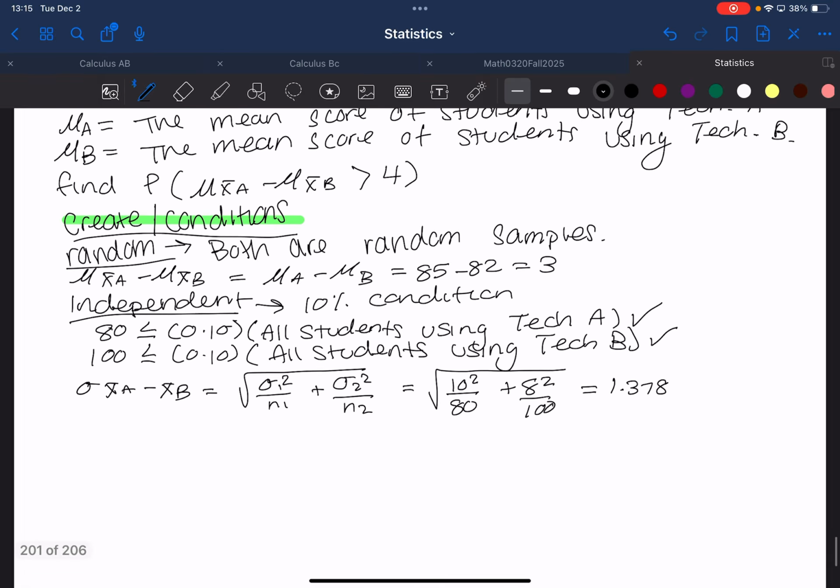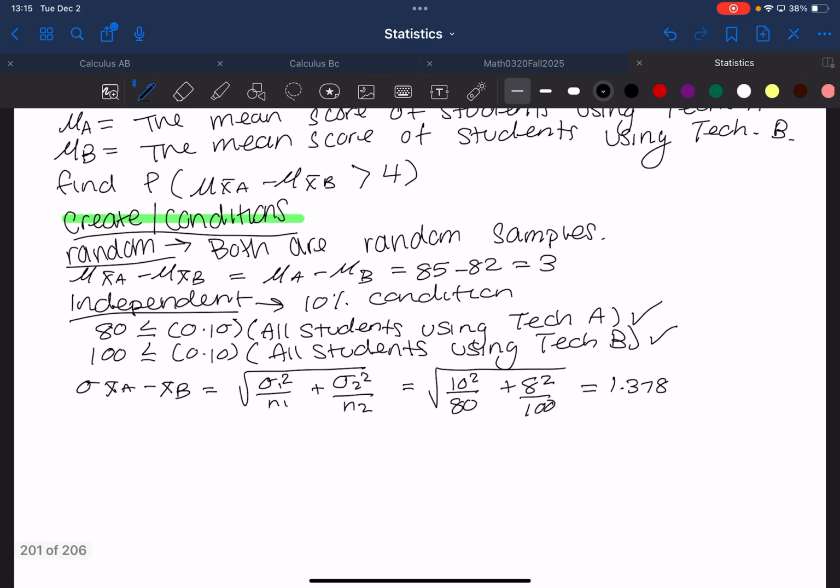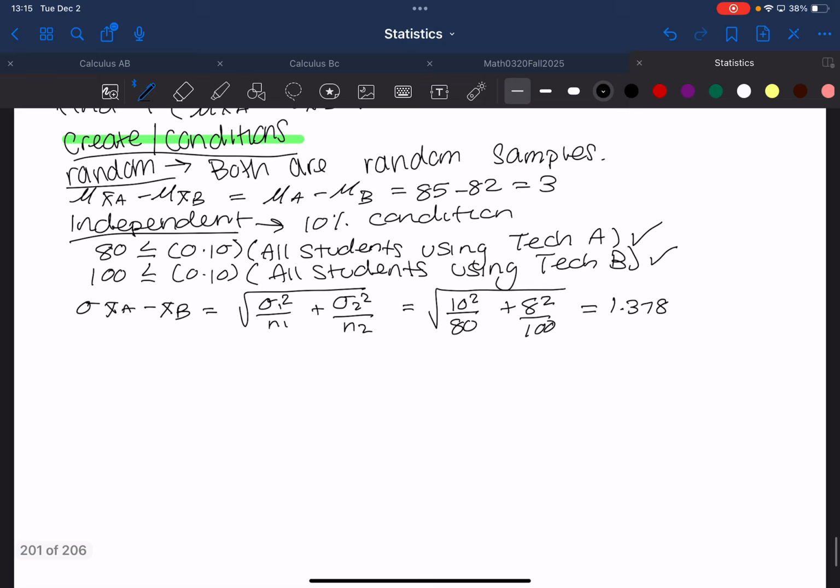What's the last condition we have to prove? We have random, independence by the 10% condition, and now we have to prove approximately normal. In order to prove approximately normal, we're using either the assumption if they're less than 30 or the central limit theorem if they're greater than 30.